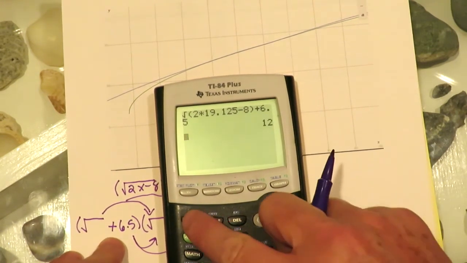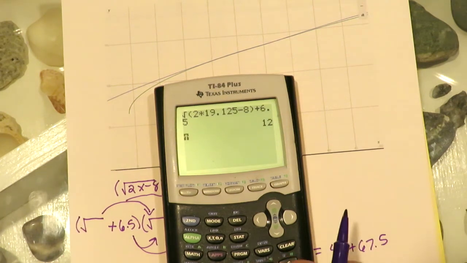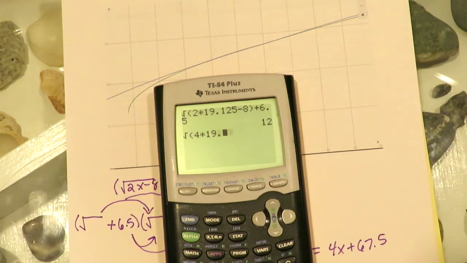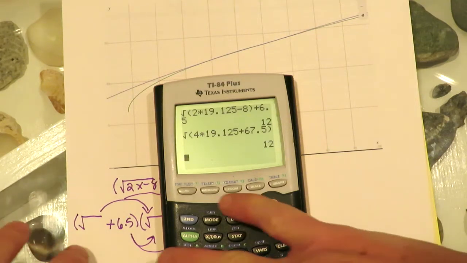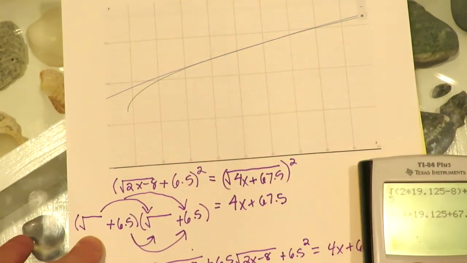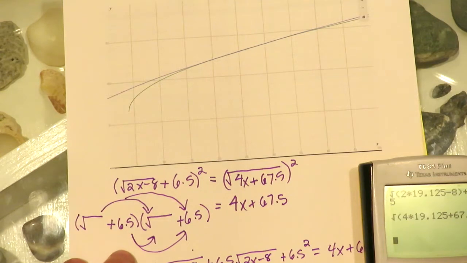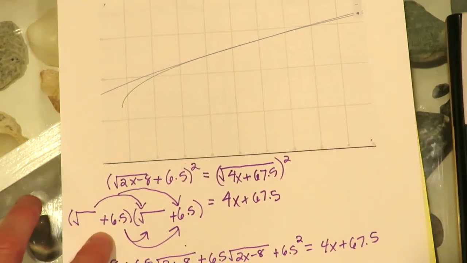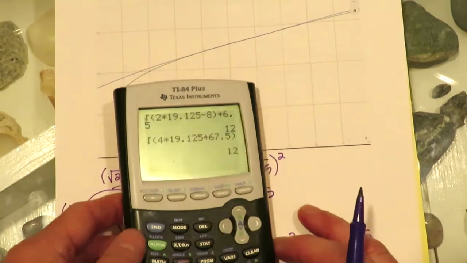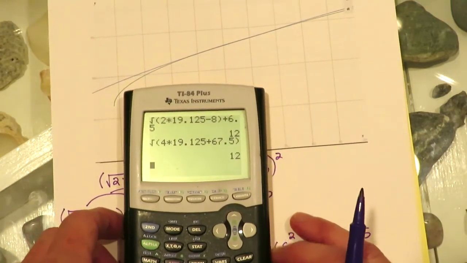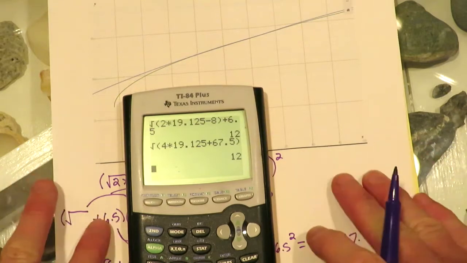So let's see what we get on the other side. If I take the square root of 4 times 19.125 and I add 67.5, I get 12. So the 19.125 does look like it is working as a solution. Then for my other solution, we plug 19.125 in and both are giving me 12.